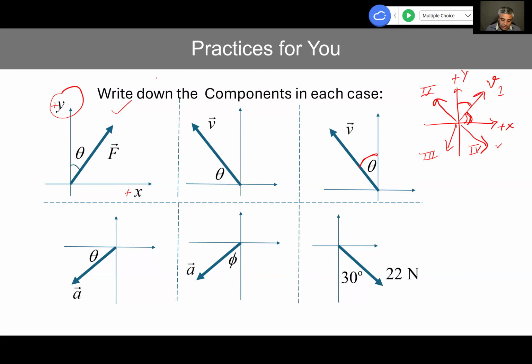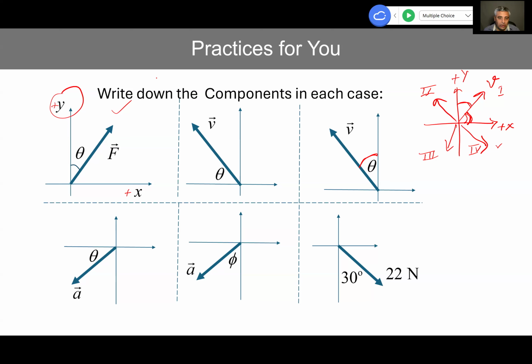So you see here, some of these angles are given with respect to the x-axis or horizontal axis, and some of them are given with respect to vertical. So you should be able to write components, doesn't matter whether it's given with respect to the horizontal axis or vertical axis.